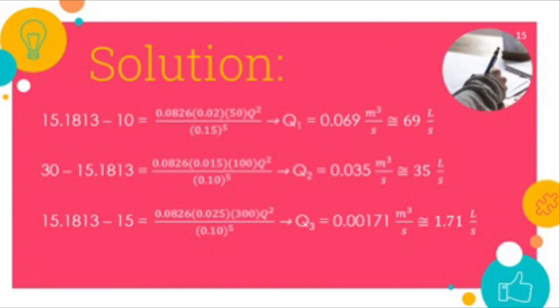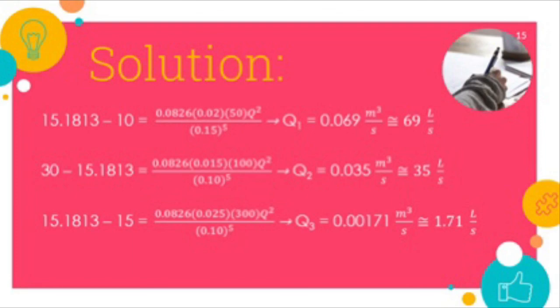Now we are going to evaluate the flow rate for each pipe using the x we have solved earlier. For flow rate 1, 15.1813 minus 10 is equal to 0.0826 times 0.02 times 50, flow rate squared, over 0.15 raised to 5, equals 0.069 meter cube per second or 69 liters per second.